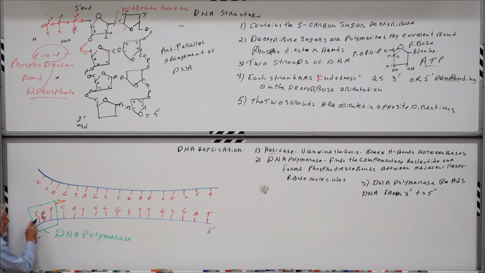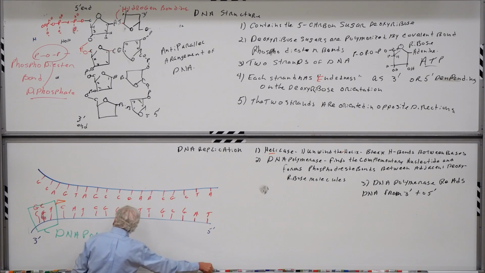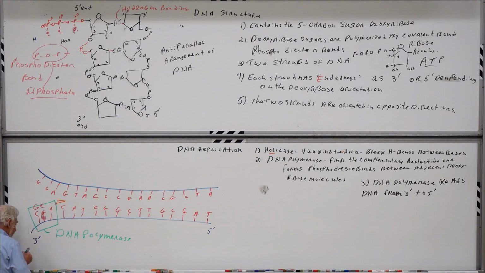Each time it encounters a base, in this case a cytosine, it's going to plug in a guanine. And then when it finds the next one, in this case the guanine, it has to plug in a cytosine. In addition to finding the correct complementary bases, it will also form the phosphodiester linkage.